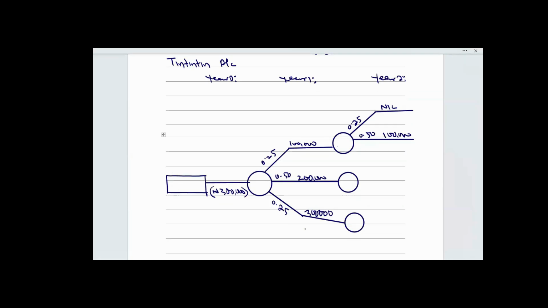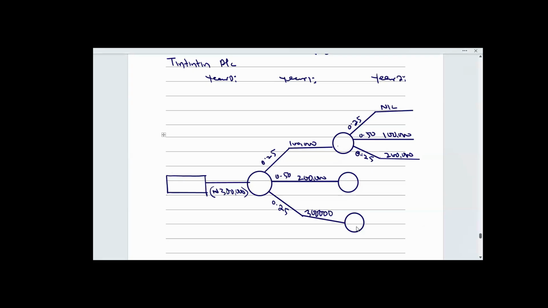If cash flow in year one is 100,000, there's a probability of 0.25 that cash flow in year two will be equal to 200,000. So we have represented year two under year one cash flow.